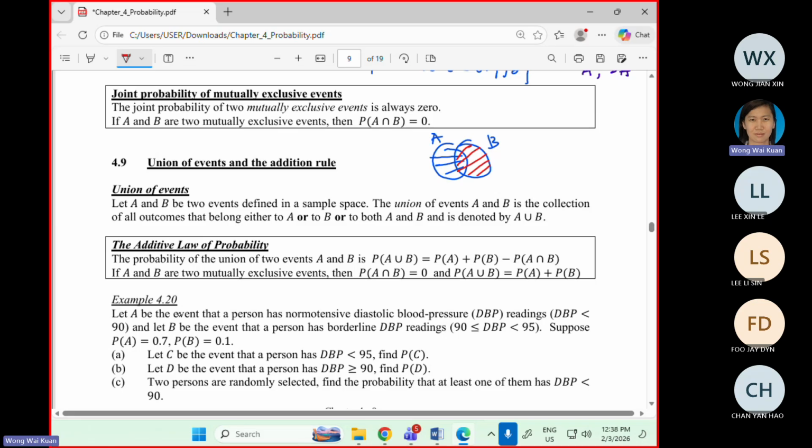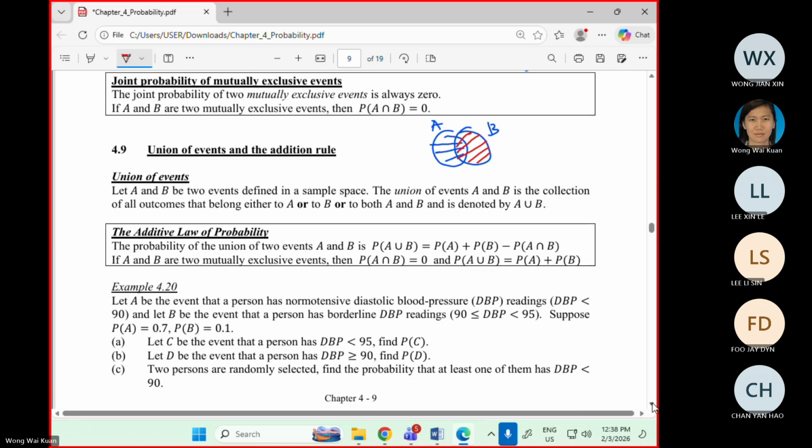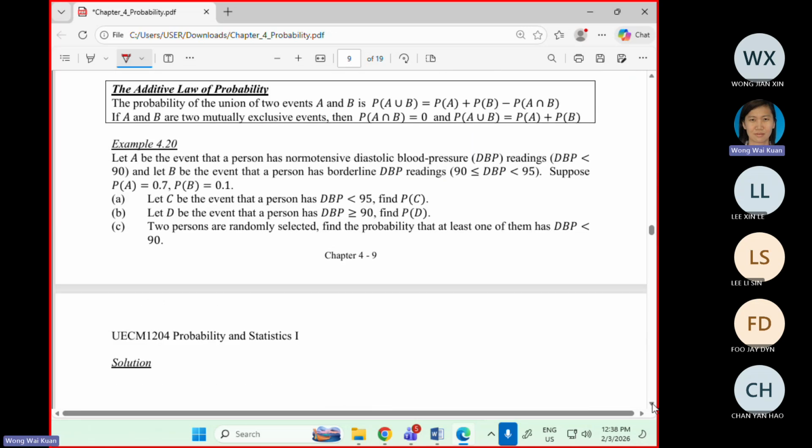Example 4.20. Let A be the event that a person has normotensive diastolic pressure, that is, DBP less than 90. So A is less than 90, B is borderline, so it's 90 to 95.